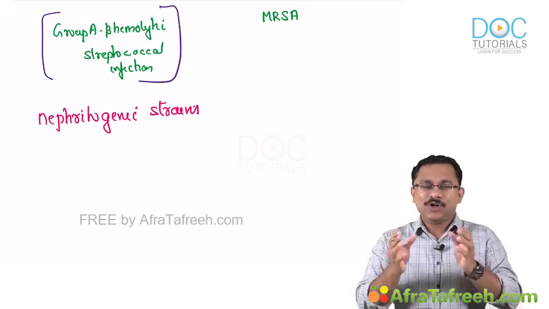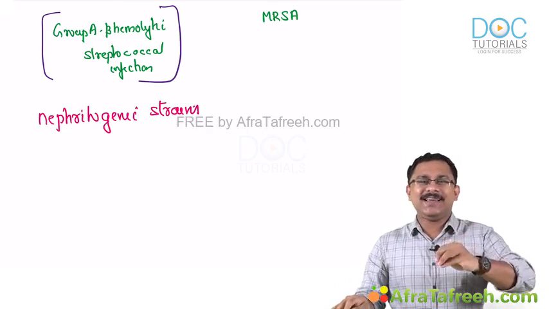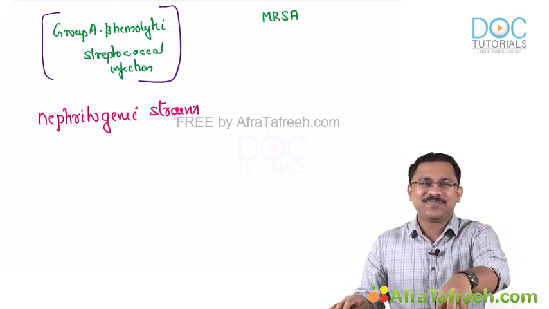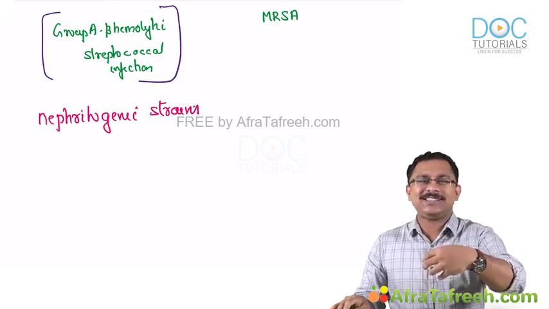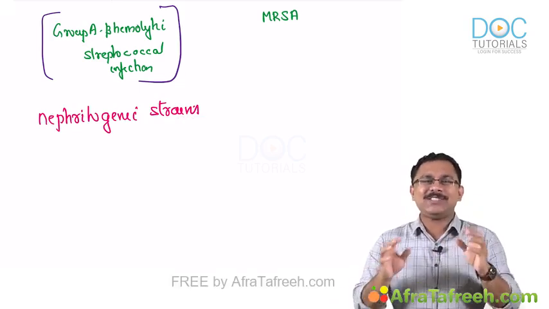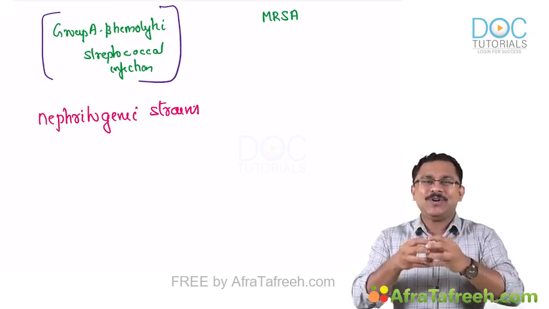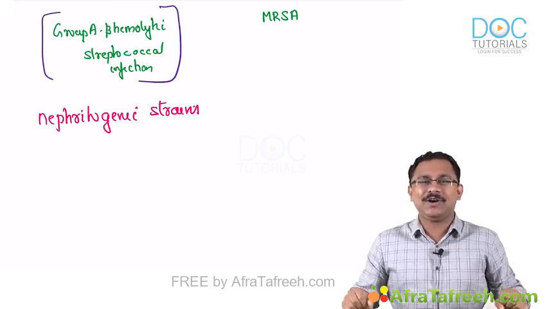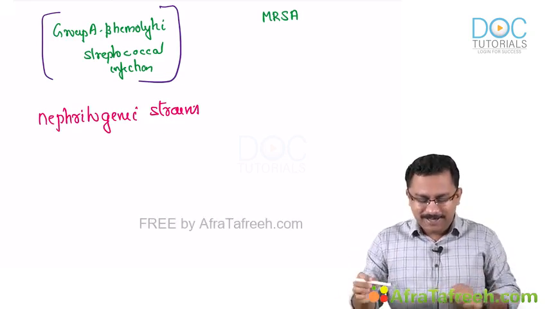Initially there will be some infection, and after this infection there is some immune response. Because of the immune response, there is formation of immune complexes, and these immune complexes get deposited in your kidney. So that is basically what happens.